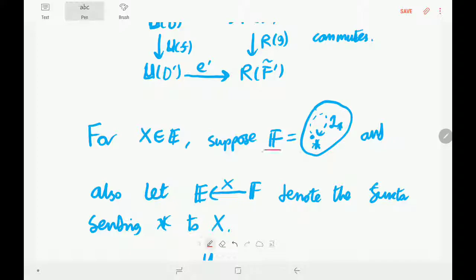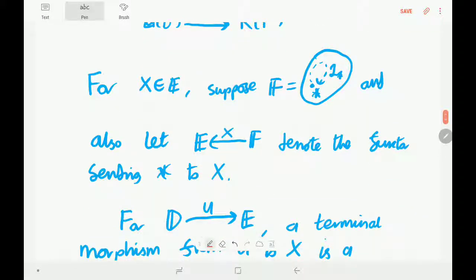Let F be the category which just has one object, star, and the identity arrow. We'll also use X to denote the functor from F to E that sends this single object star to the object X in E, and of course it sends the identity of star to the identity of X in E.